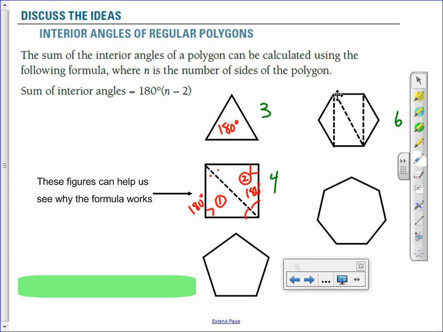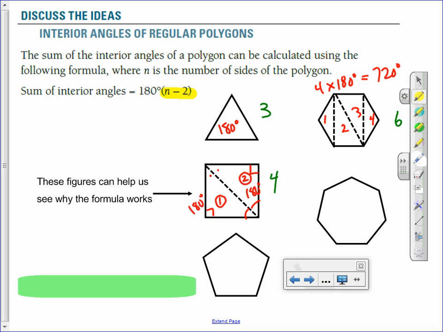How many triangles do we see? 1, 2, 3, 4. So 4 times 180, well, that's 400 plus 320, which is 720 degrees.